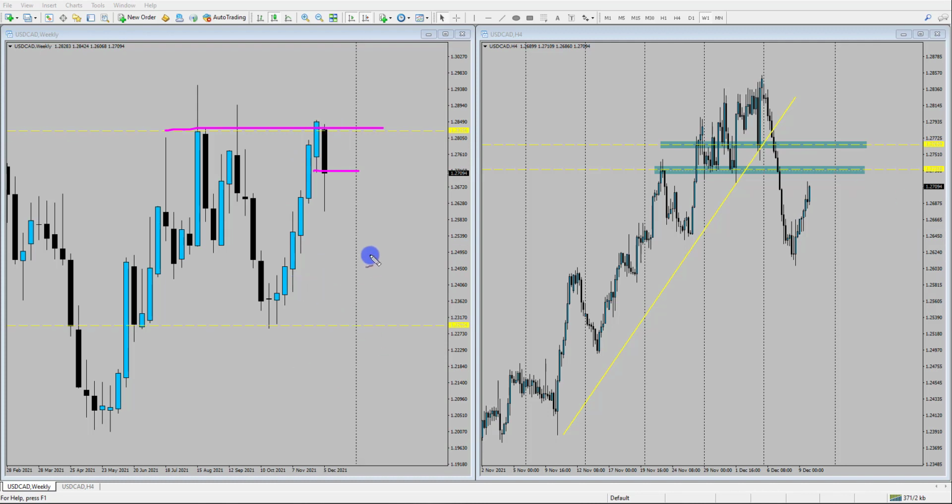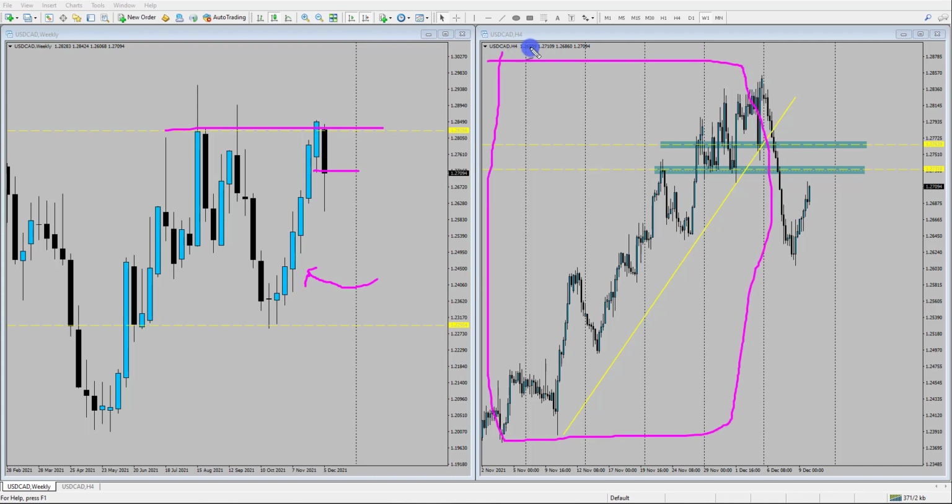Now, what's interesting, if you look at this sort of rally up here, that is reflected here on the 4-hour time frame. Okay, so this box just here is this previous run up here, this bullish run on the weekly. Now, what we typically see out of the market when the weekly is in a bullish mode, we see an uptrend develop on the 4-hour time frame, which is exactly what we see here.